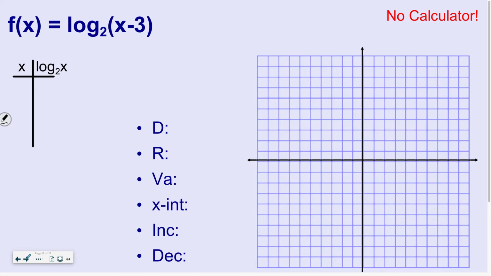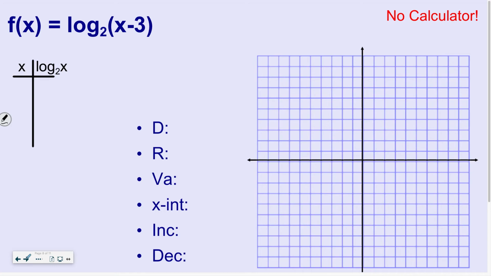And that's usually enough for you to say what the graph of the log will look like. Now, I certainly could attempt a table with this actual function, but it's probably going to be easiest if in your table you use the parent function.